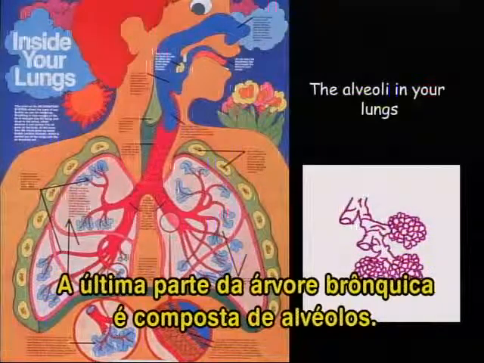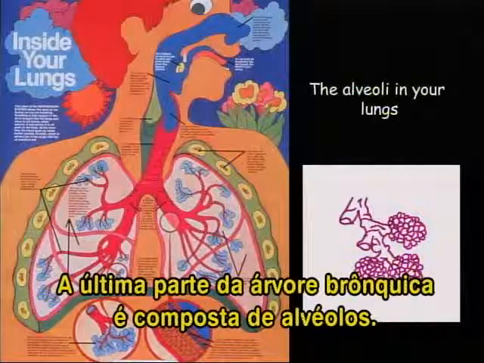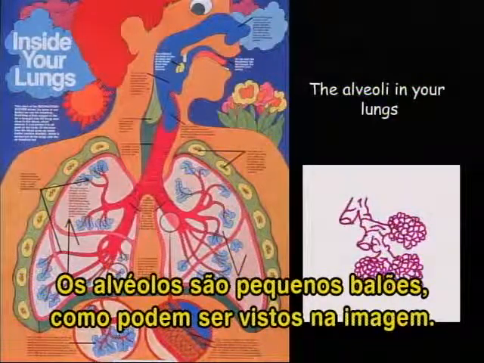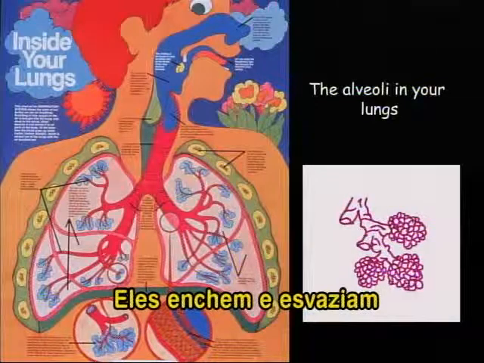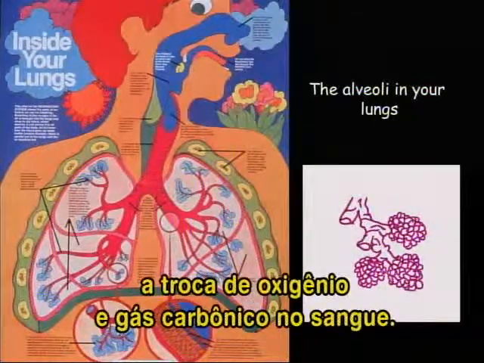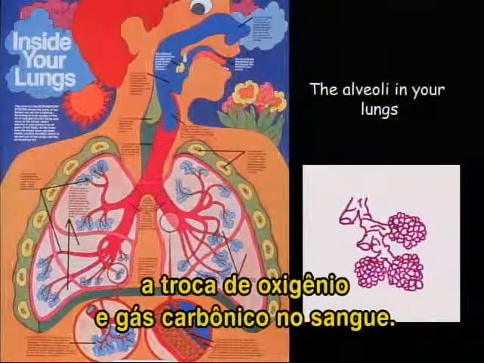The last part of the respiratory tree is composed of alveoli. The alveoli, here you can see a bigger image, are like little balloons. They inflate and deflate, and they are the main place where the exchange of oxygen and CO2 in the blood takes place.